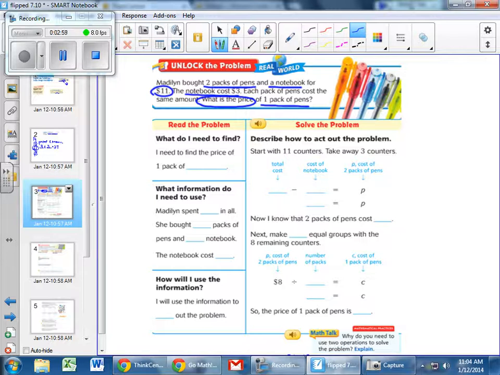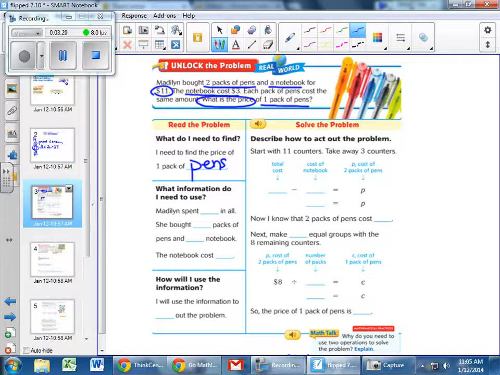Madeline bought 2 packs of pins and a notebook for $11. The notebook cost $3. Each pack of pins costs the same amount. What is the price for 1 pack of pins? So what do we need to find? I need to find the price of 1 pack of pins. What information do I need to use?